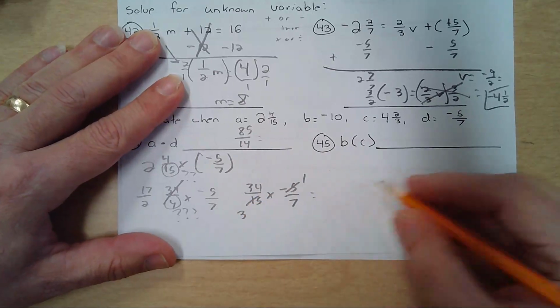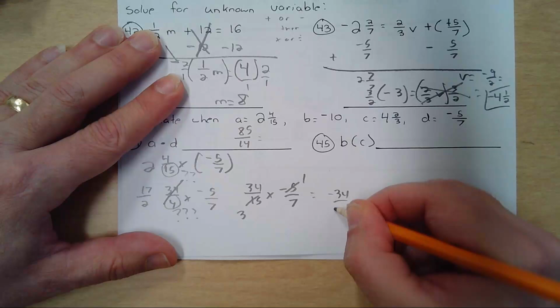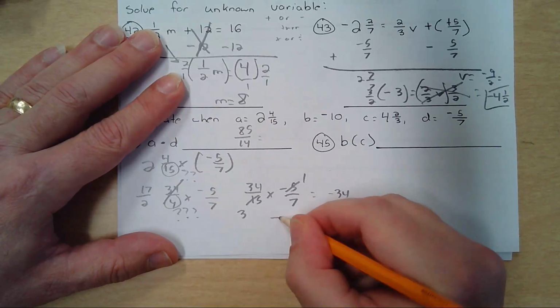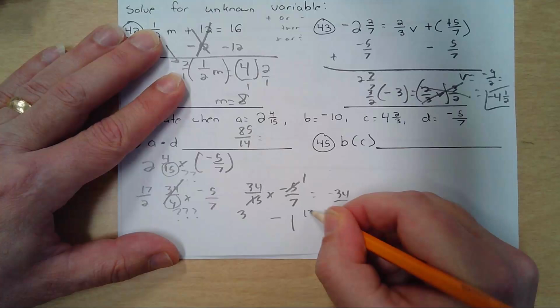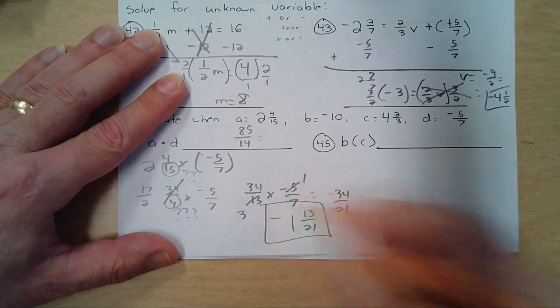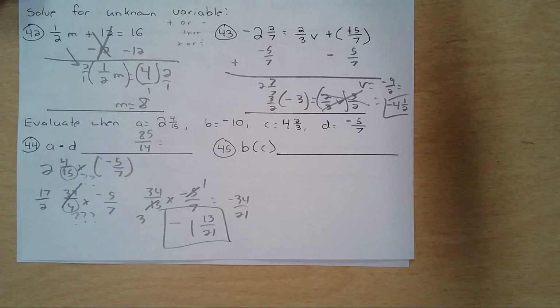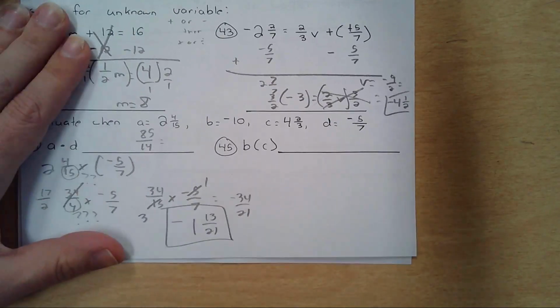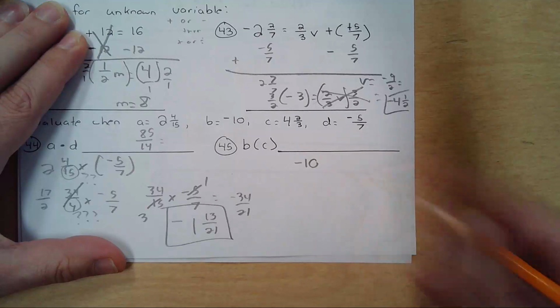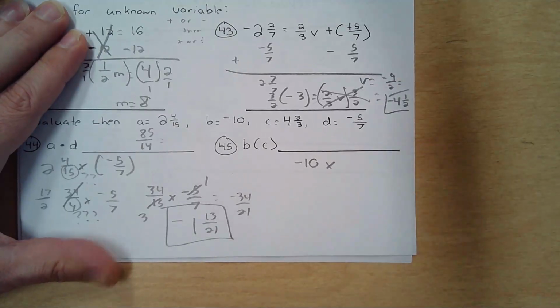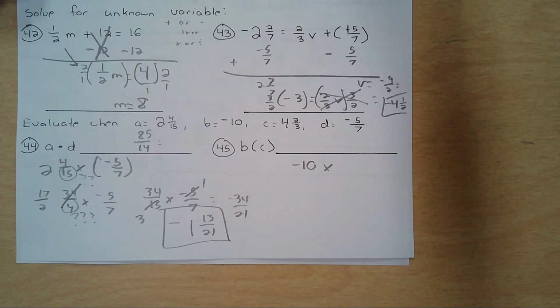I almost made it. Negative 34 over 21. Now we're much more. So 13 over 21. There we go. Yeah, I got that really long. Whew. I don't know what happened there. All right. 1 and 293 over 441.